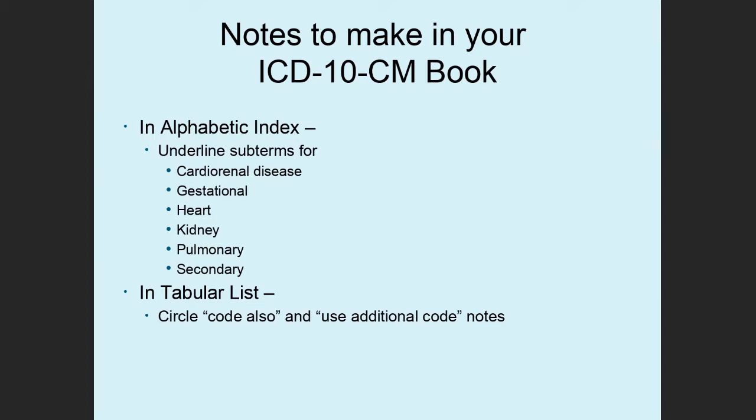The alphabetic index for hypertension is almost a whole page. So underline these subterms under hypertension: cardiorenal disease, gestational, heart, kidney, pulmonary, and secondary. And that's the way you'll find them very quickly. You might also go through and circle the code also and use additional code notes just to make sure you remember.